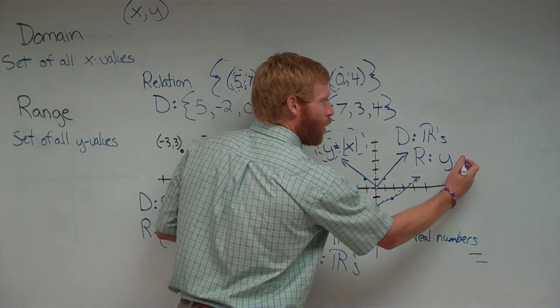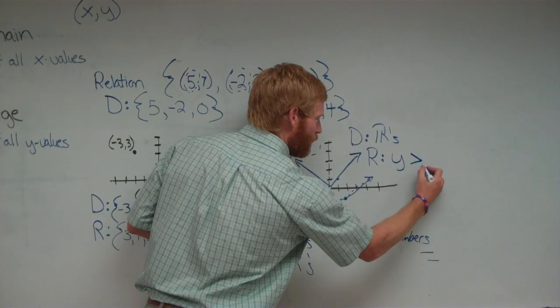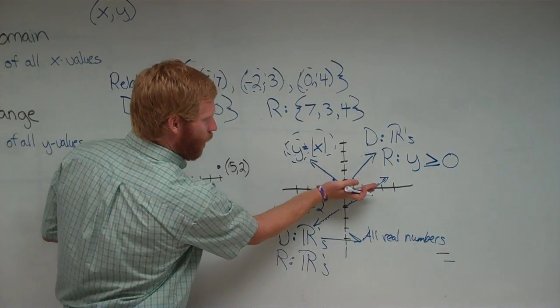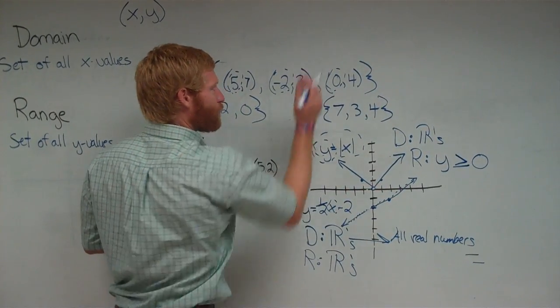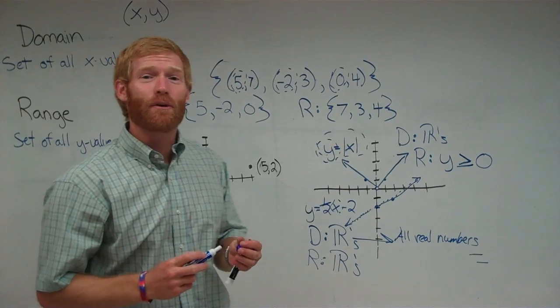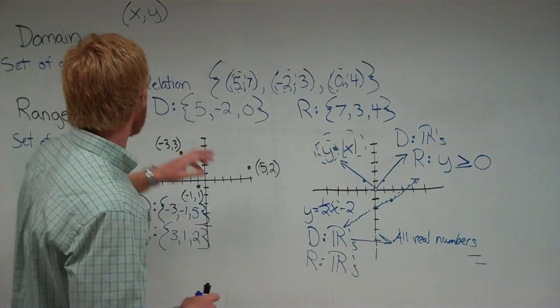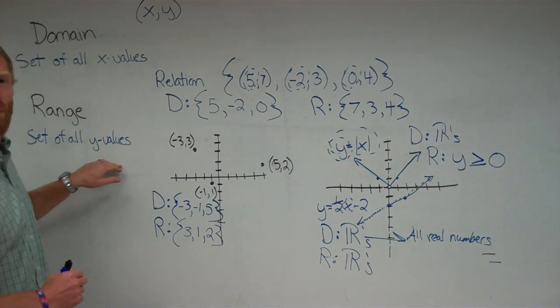Our range is for all y's that are going to be greater than or equal to 0. All of my y values equal to 0 and greater. As we delve further into this, make sure you get comfortable with understanding domain is the set of all x values and the range is the set of all y values.